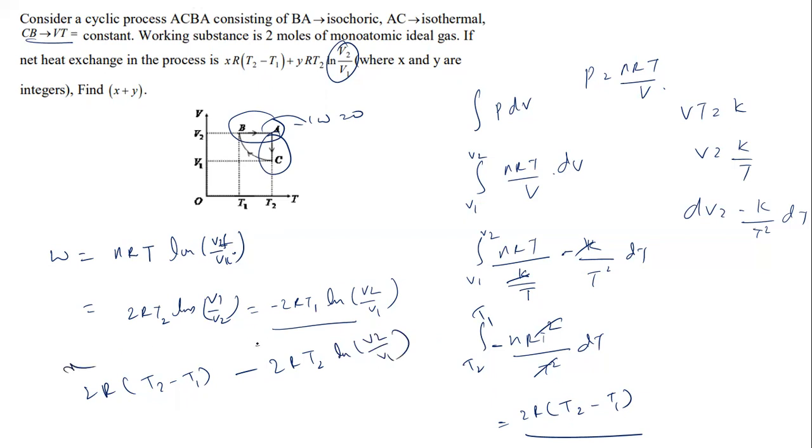So this is X, this is Y. So one is plus and minus, so 0.